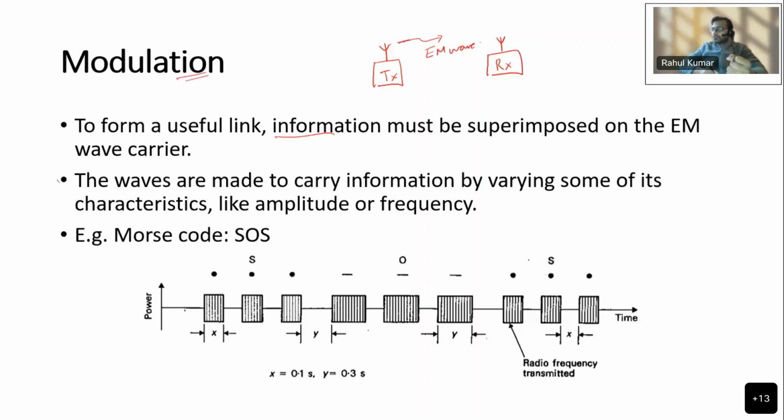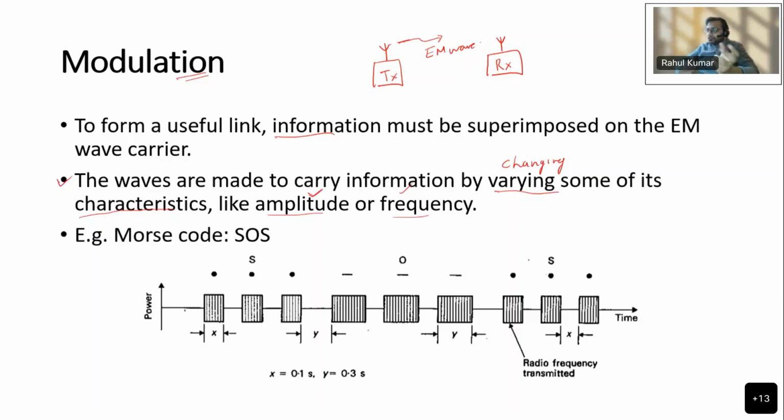The waves are made to carry information by varying some of their characteristics, like the amplitude or frequency. Mainly, we change the amplitude or the frequency of the signal.